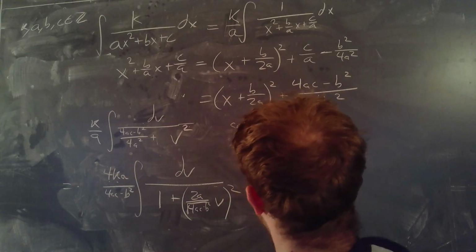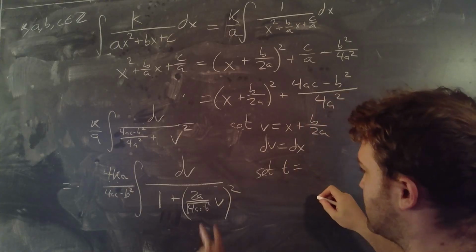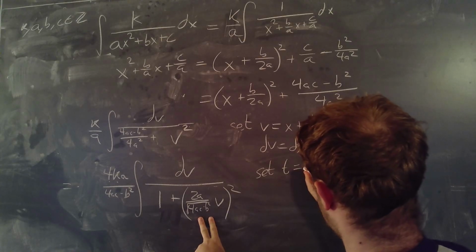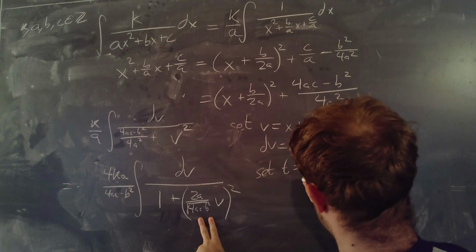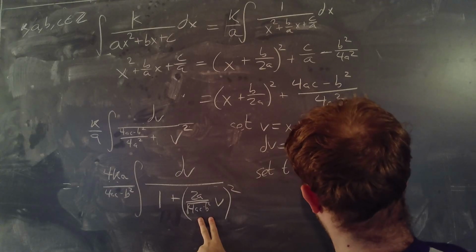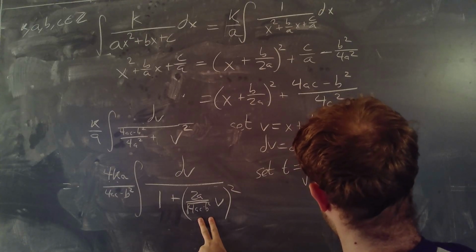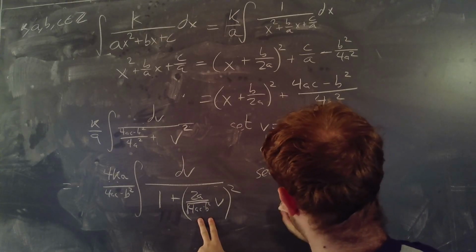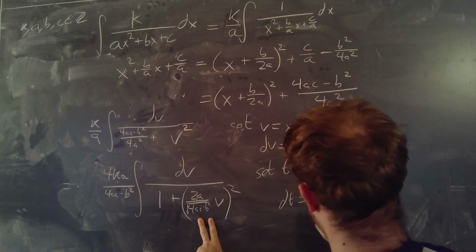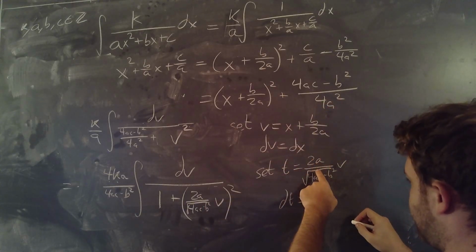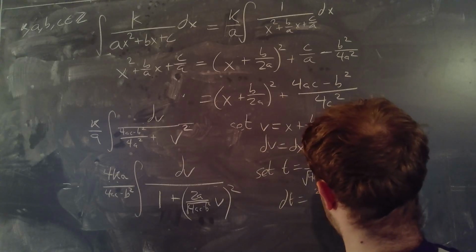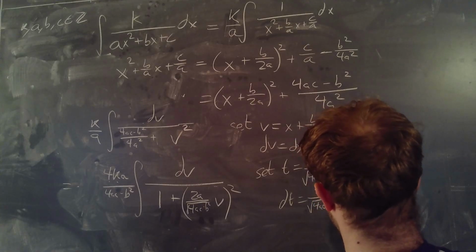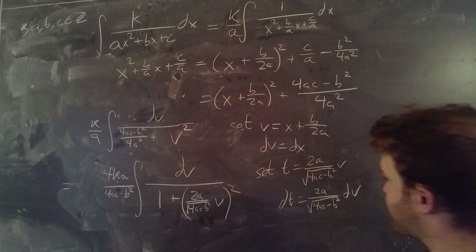So we'll set t equal to 2a over the square root of 4ac minus b squared, times v. So dt will just be 2a over the square root of 4ac minus b squared dv.